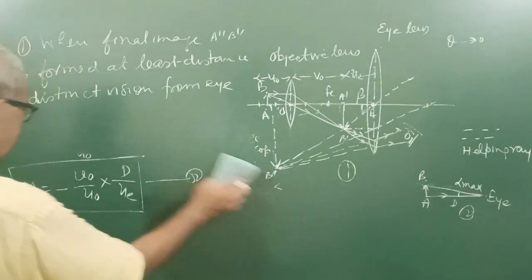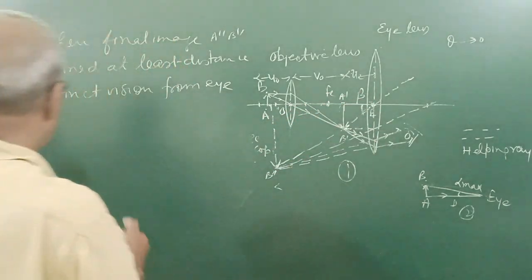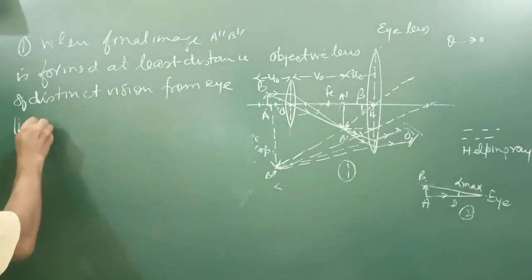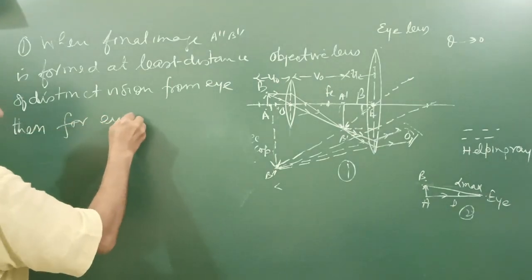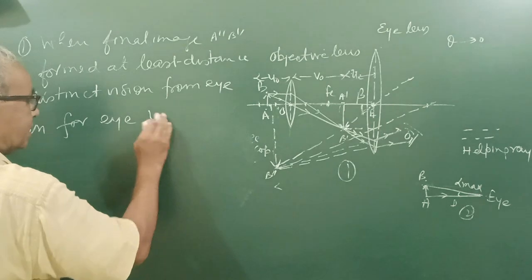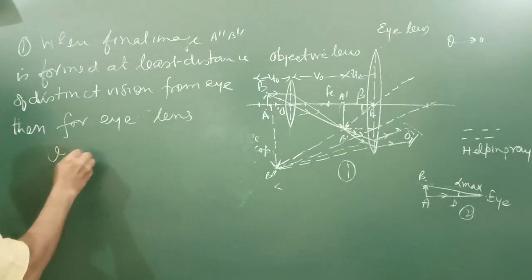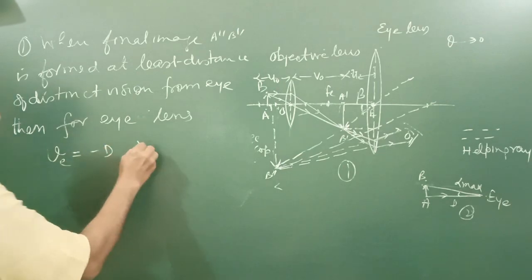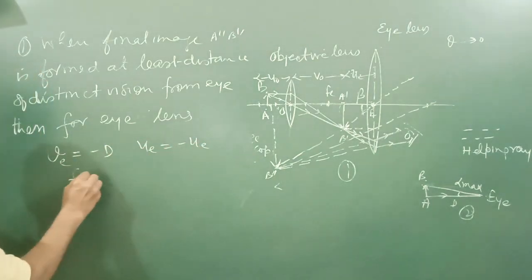Who forms this image? The eye lens. Then for the eye lens, image distance VE is equal to minus D, UE is equal to minus UE, and F is equal to FE.